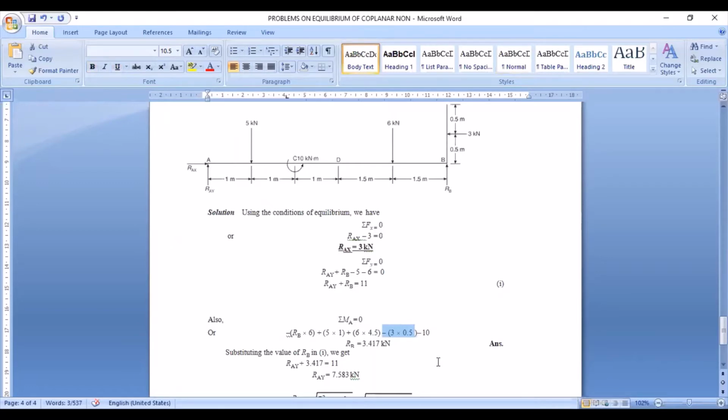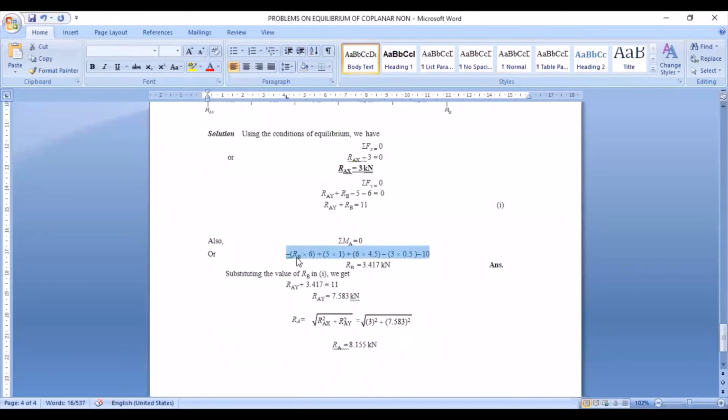And finally, you have an anti-clockwise couple which is acting at point C of intensity 10 kilonewton meter. As we have already discussed, for a couple or a moment, you directly write the magnitude and you do not multiply the distance. So directly 10 kilonewton meter with negative sign because it is an anti-clockwise moment. So it is minus 10. In this total equation, you have only one unknown, that is RB.